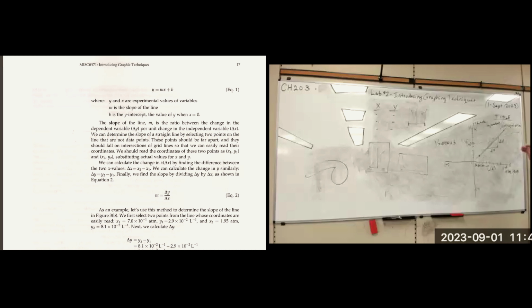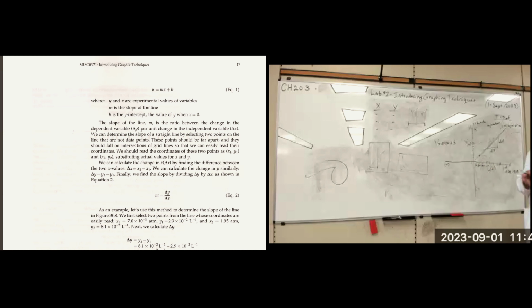So what do you need to do the delta y? Well, you need to be on this axis, and you're going to have from this point right here to this point right here. So it'd be this one minus that one would be delta y. And then delta x would be this one minus that one, those values. The quotient of those two would be your slope, and that would fit into your equation right here, m.